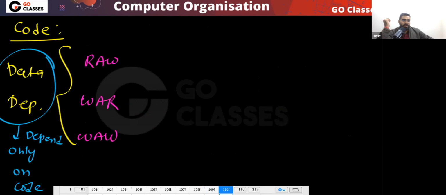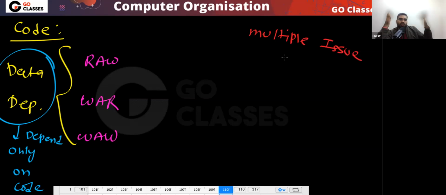One more interesting thing: even if you have a multiple issue pipeline, where you are fetching many instructions in the same cycle, say 5 instructions fetched, 5 executing, 5 using the ALU, 5 decoding in the same cycle, then let me tell you something interesting.